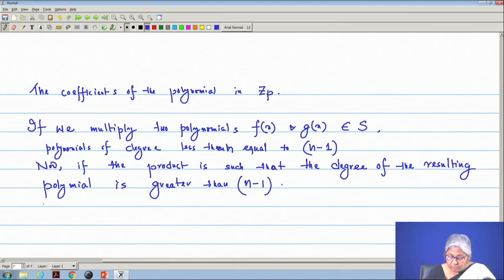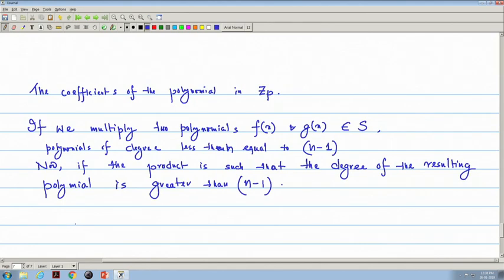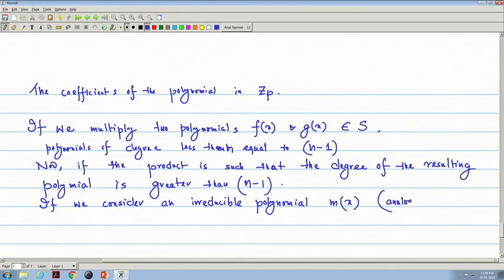So, that is the way we have done the modular arithmetic. Now, if we consider an irreducible polynomial m(x), which is analogous to a prime, and that is why we also call it a prime polynomial.